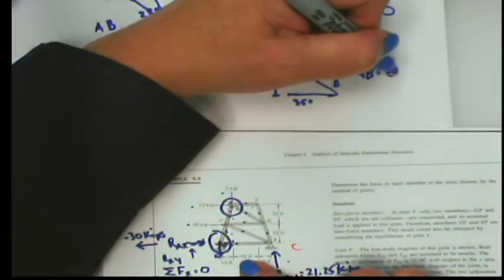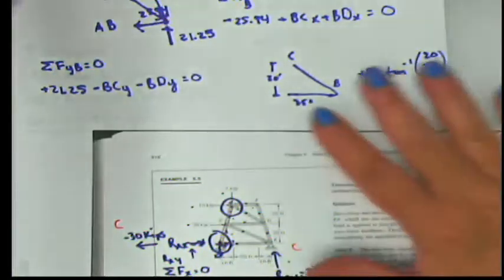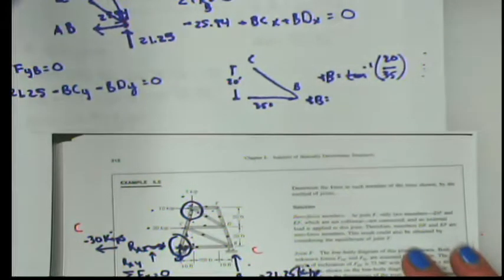So the angle at B, then, once again, we have opposite, adjacent. It's going to be the inverse tangent of 20 over 35. Okay, so what's my angle at B? 29.74 degrees.